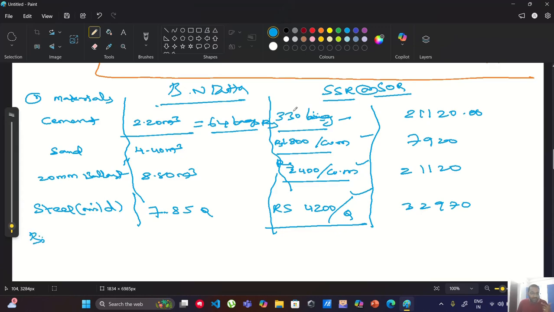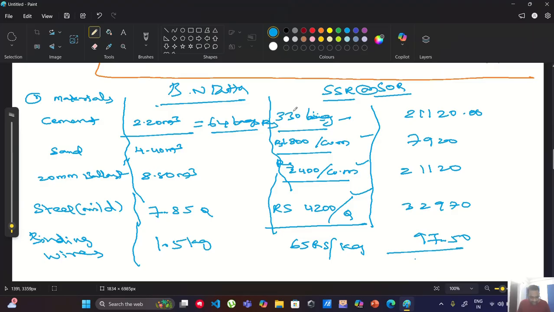We have to take 1.5 kg approximately, and this is 65 rupees per kg, and this value equals 97.5. So the total value of the materials is 8322.5. This is the total cost of materials.